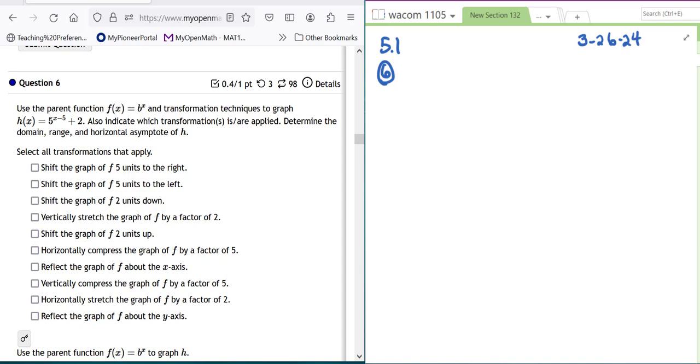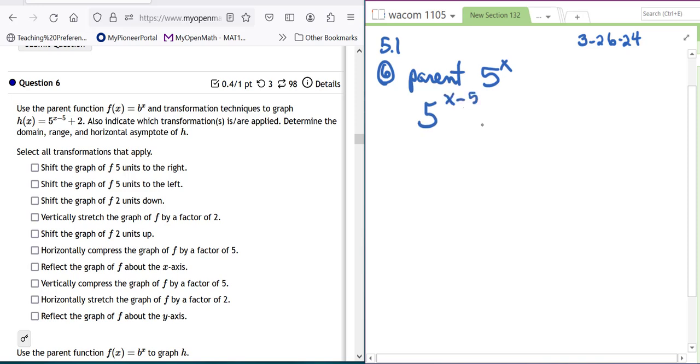Our parent function on this problem is going to be 5 to the x, right? We have 5 to the x minus 5, and we have a plus 2. So it has two things going on.